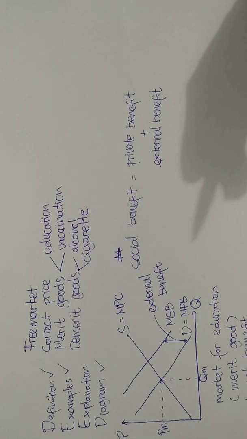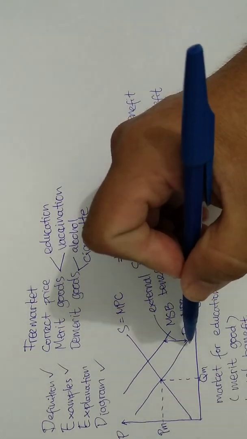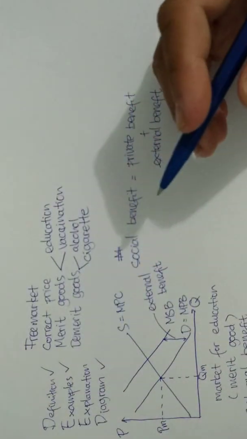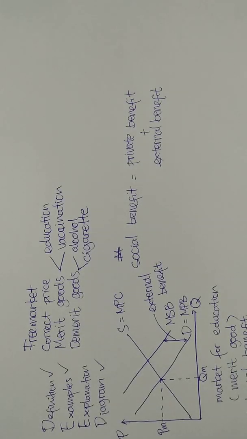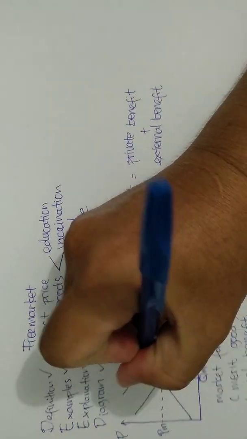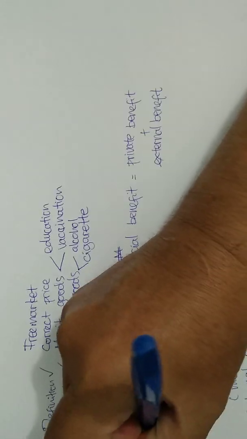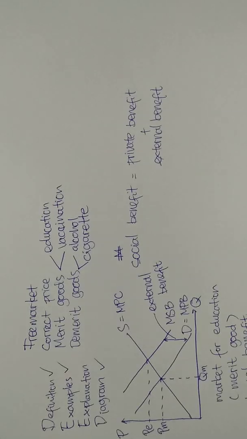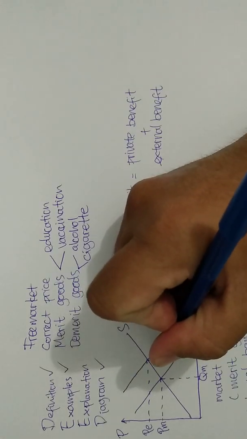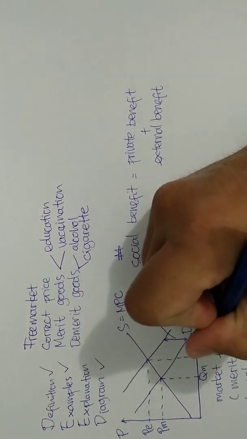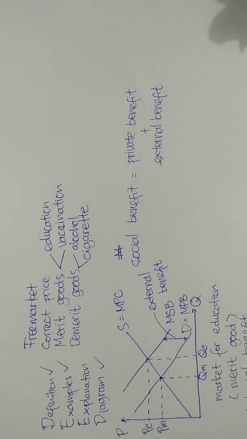If only the consumers understand that there's external benefit and realize it and are willing to pay for it, the value of their education is supposed to be here. That's the price efficient. And they should have been consuming this much, quantity efficient.